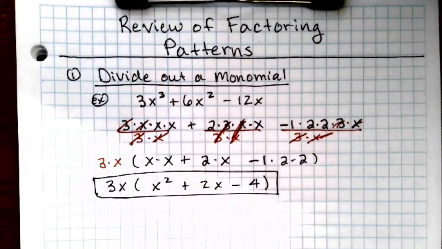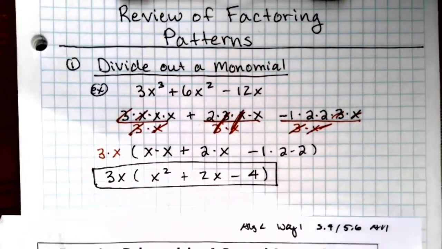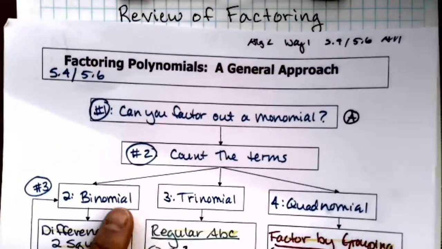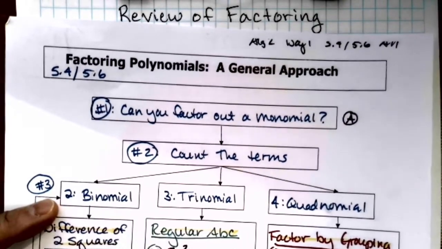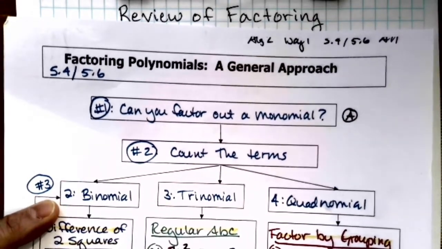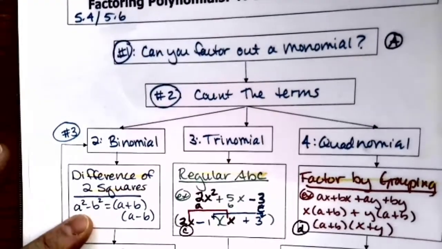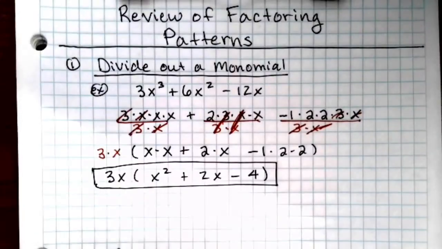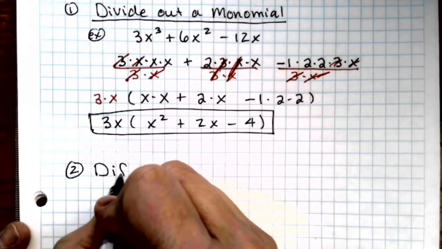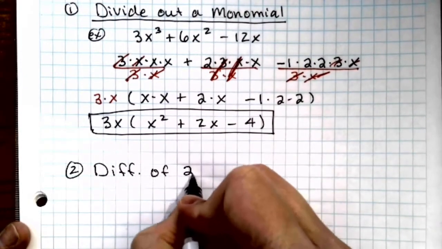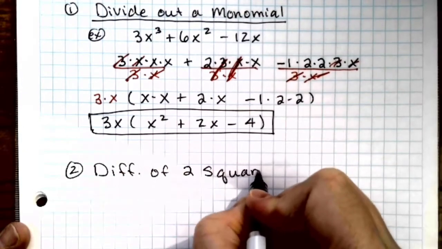Okay, so in the factor process, after you've divided out a monomial, you need to count the terms. So if there are 2 terms, it's a binomial, and you're going to use the pattern difference of 2 squares. So our second review pattern is the difference of 2 squares.